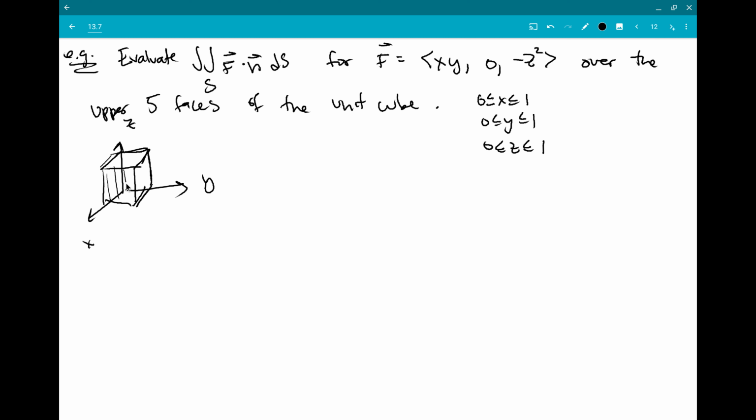And we're thinking about the upper 5 faces. So those three that are facing us, and these 2 behind us, kind of blocked by the front faces. But we're not thinking about this bottom face. So this is an open surface. And we can call that bottom face S6, I guess.